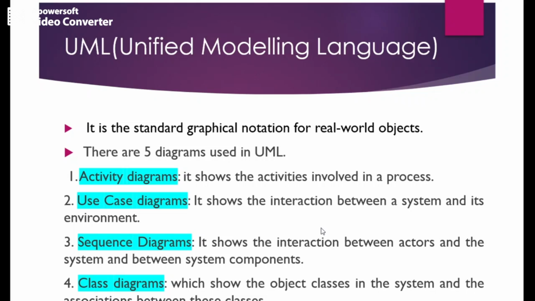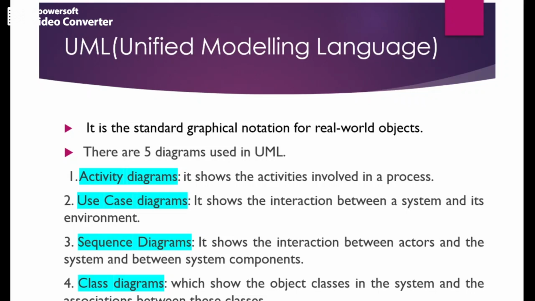Fifth one is the state diagram. I have told you that whenever your system receives some stimuli, it will respond to that stimuli and certain action will be performed, isn't it? So how will you show that? That is through the state diagrams. It shows how the system reacts to either an internal event or an external event.